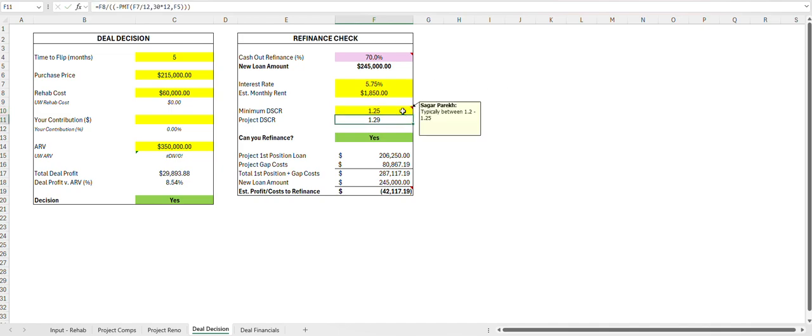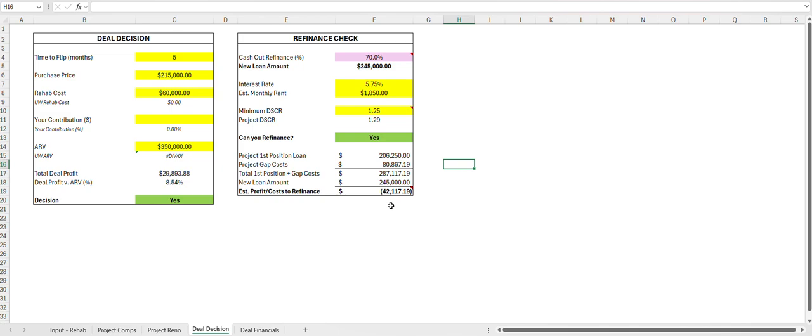Typically, your minimum debt service coverage ratio needs to be a minimum of 1.2 to 1.25, but every lender will have different terms for their refi, so you have the ability to manipulate that. Let's say it was 1.3, it's going to say no, but traditionally speaking, it's 1.25. So what this means is that if we can't sell it, we can refi.